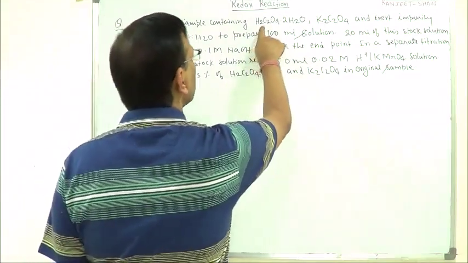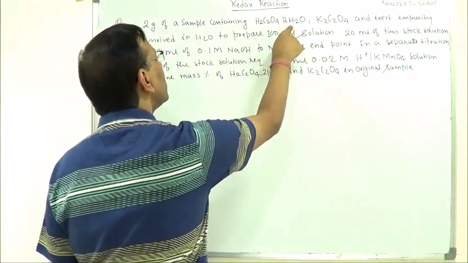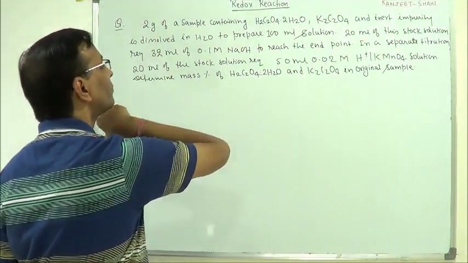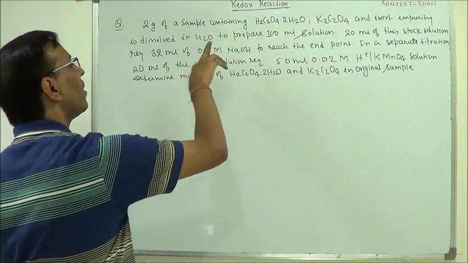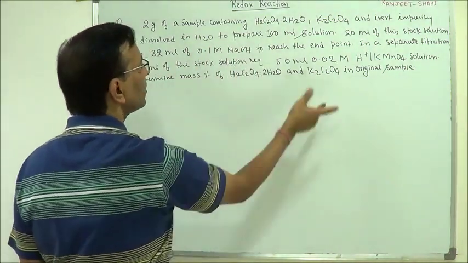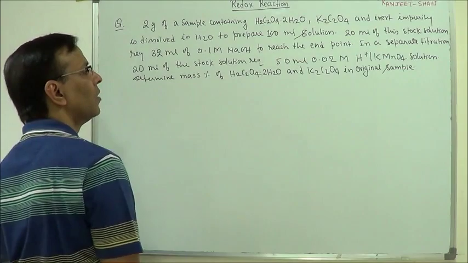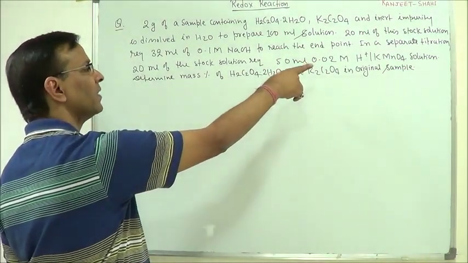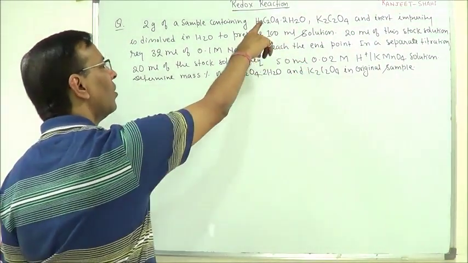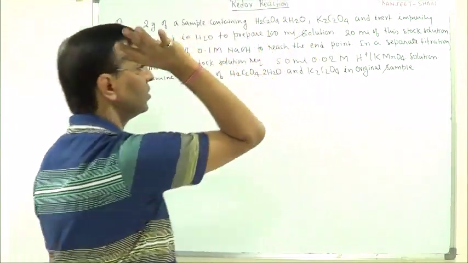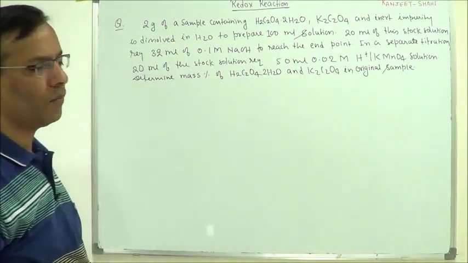Oxalic acid is a reducing agent as well as acid. So with sodium hydroxide only oxalic acid will react. But with potassium permanganate, which is an oxidizing agent, both oxalic acid and oxalate will react.